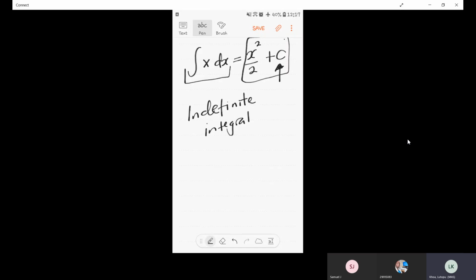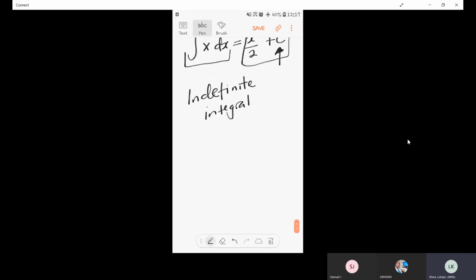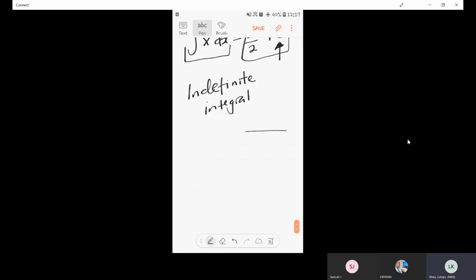Then there is the definite integral, which we will also talk about a little bit later, but first we look at some of the techniques that we use with integration. Now, with the indefinite integral, there are some rules of integration.